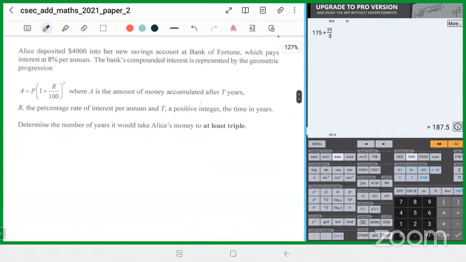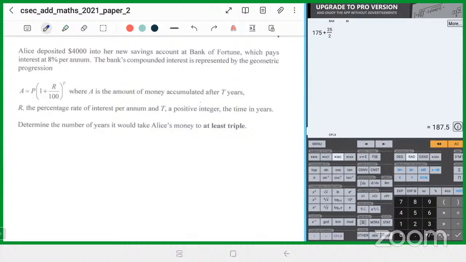So they give you this formula, just a spin off from a GP formula. Not even really a GP, it's like a formula. This is more of an indices question. That's what this question is really, more an indices question than a series question.